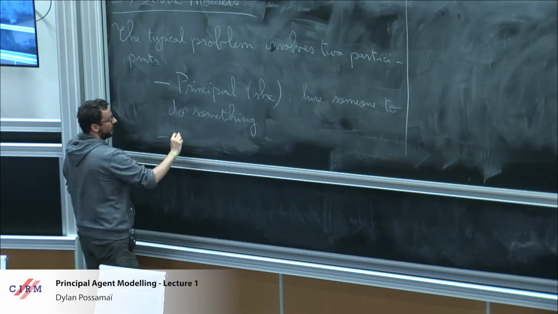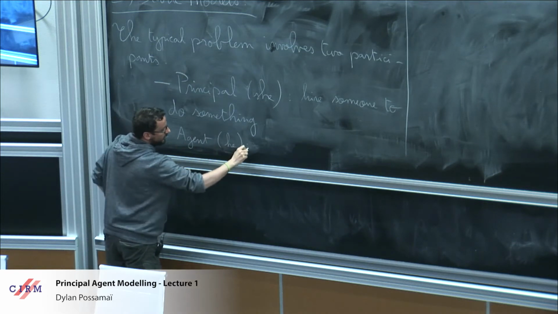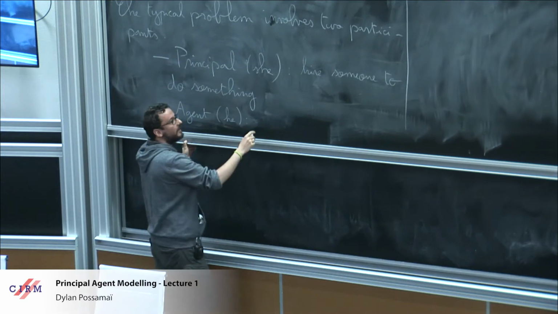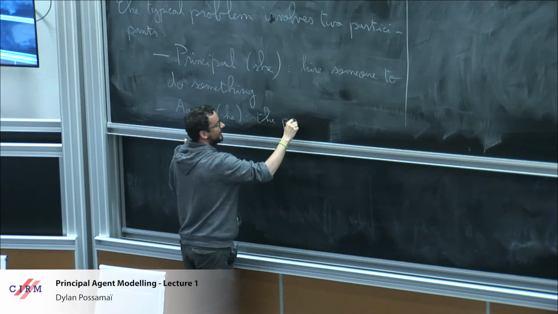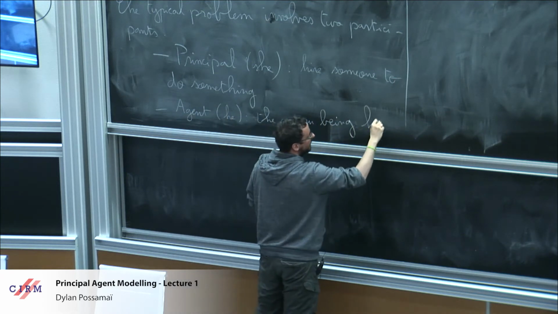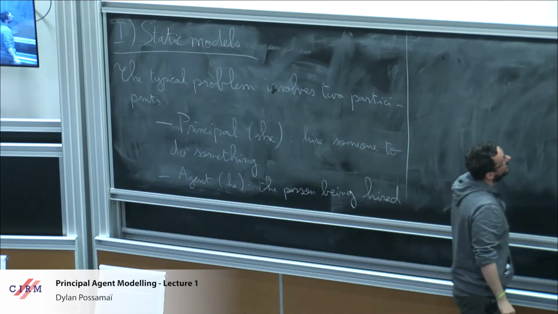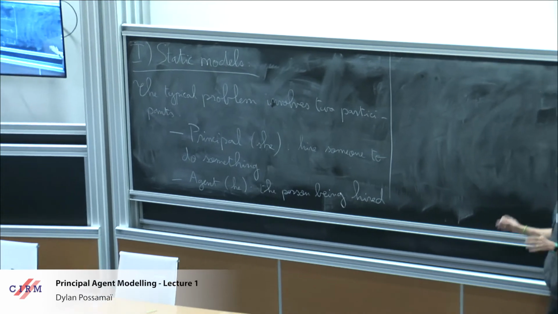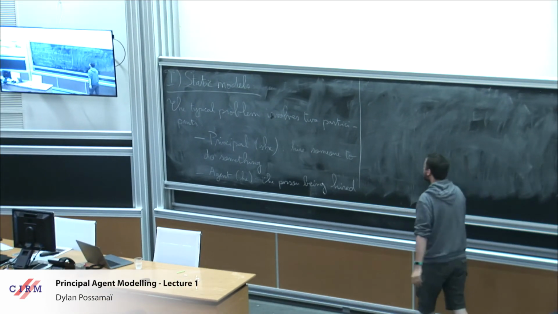And then you have another one, the agent. That's the person to be hired in order to do something. So really, if you want to have an example that's going to guide you through everything, think of the simplest possible situation.